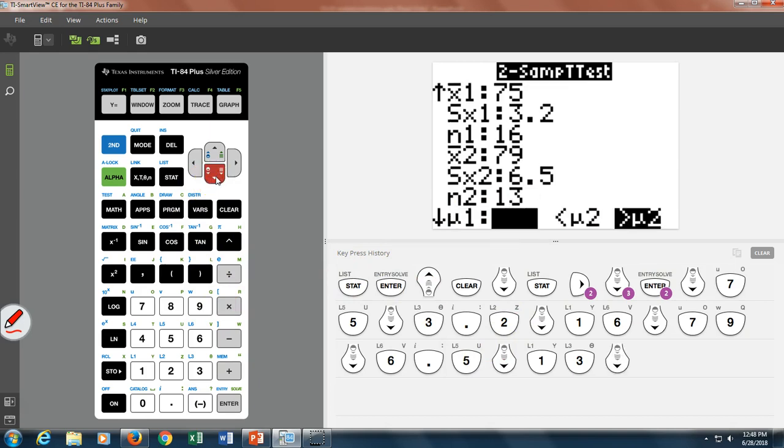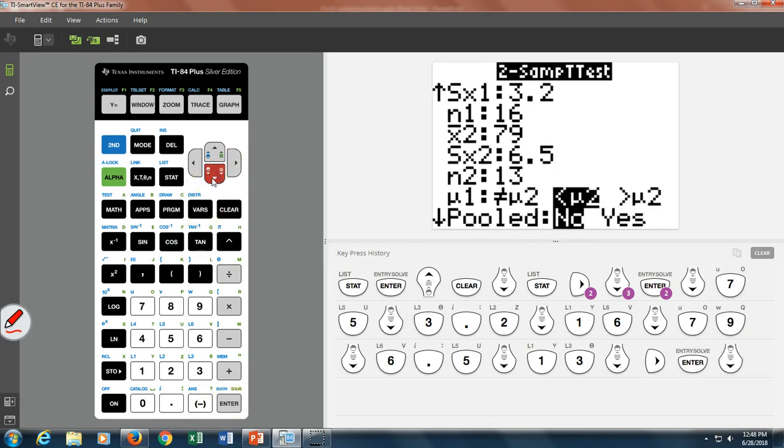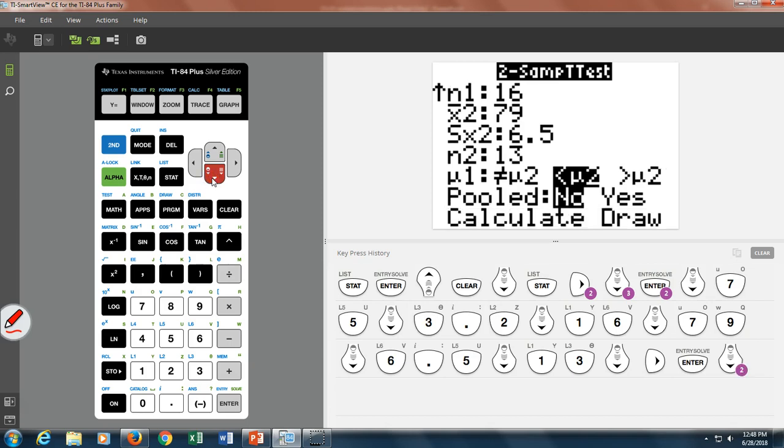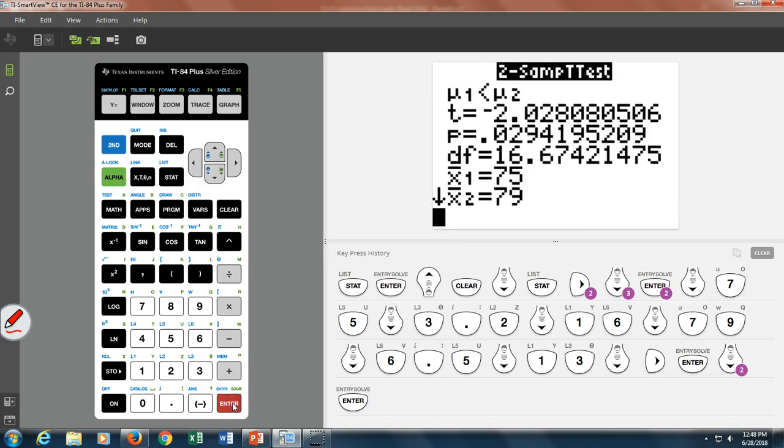Now we are trying to show that the first set is smaller than the second set. So mu1 is less than mu2. Enter there. Next it says pooled or not. That has no significance to the stuff we'll be learning in this class, so it will be no. And let's just go ahead and calculate it, see what we've got.